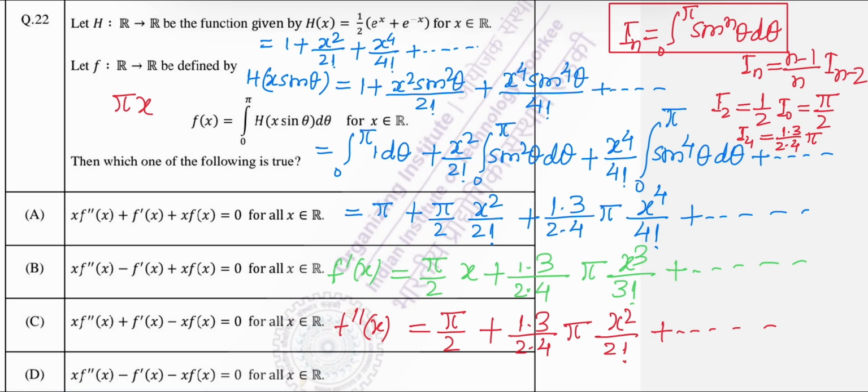So I took the first term of x f of x. Now I take the first term of x f double dash x. You see here pi by 2. To get the first term of x f double dash x, I have to multiply this pi by 2 with x. So that will be pi by 2 x. Now it remains f dash x, and you see here the first term of f dash x is pi x by 2. So I type here pi x by 2.